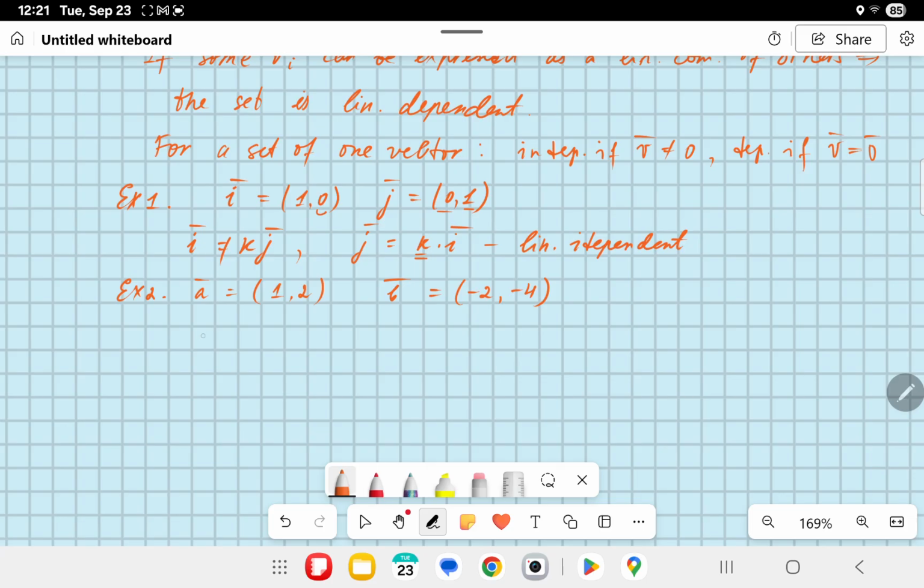Let's write down that vector B can be expressed as a linear combination of vector A. If we multiply vector A by -2, we are going to get -2, -4. So not linearly independent. I'm going to write down linearly dependent.